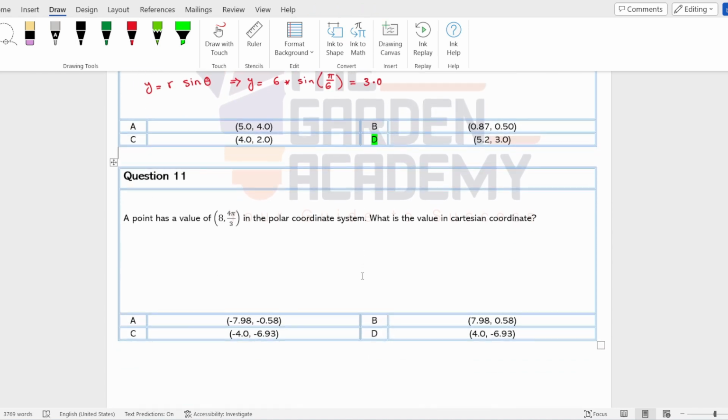جميل. Let's go to question 11. It's the same idea. We will do the exact same things. We will say that we want to convert from polar coordinates to Cartesian coordinate system.